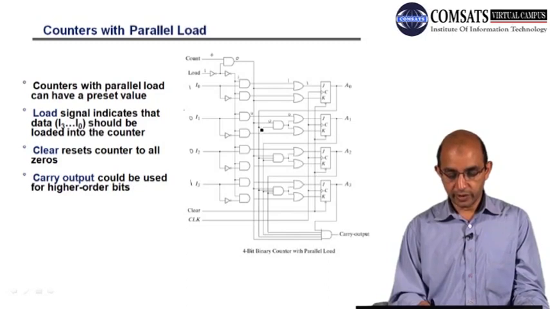We also have to take into account the current value of the flip-flop. So for example, here we can calculate this. This is 0, so we will be having a 0.